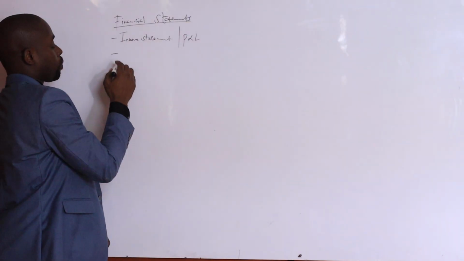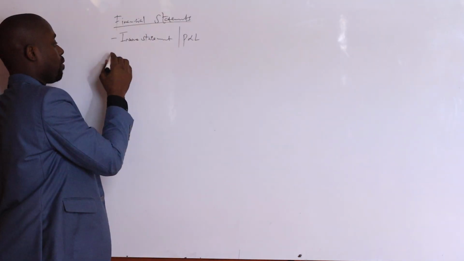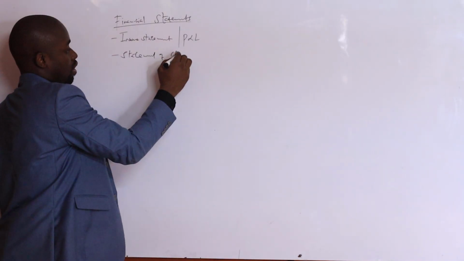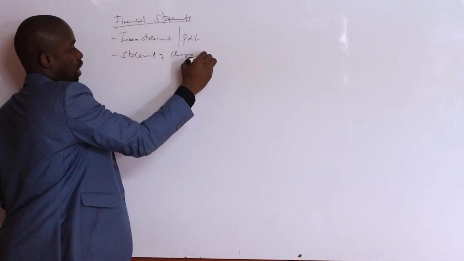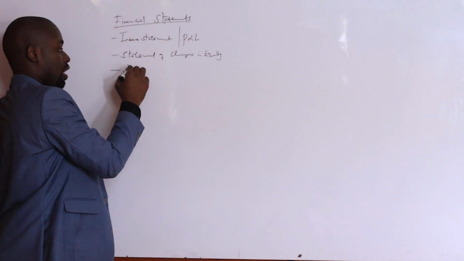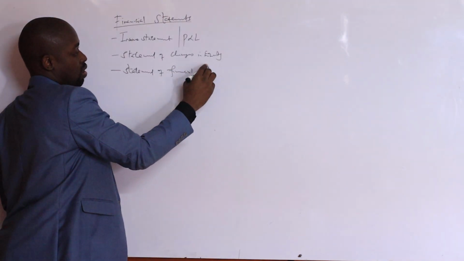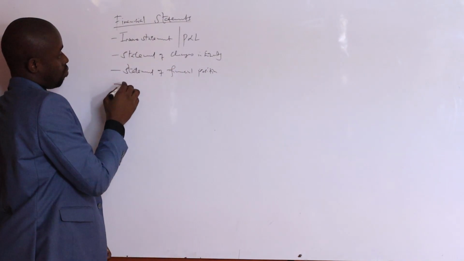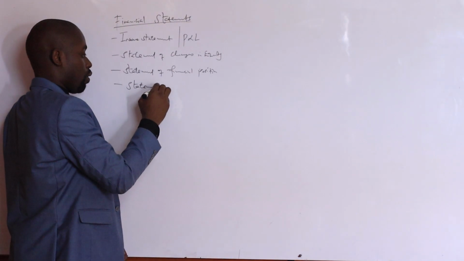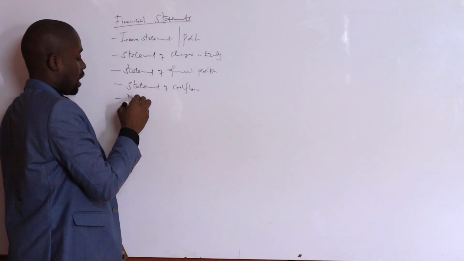Then statement of changes in equity. 3, statement of financial position. 4, statement of cash flow. Finally, notes to the accounts.